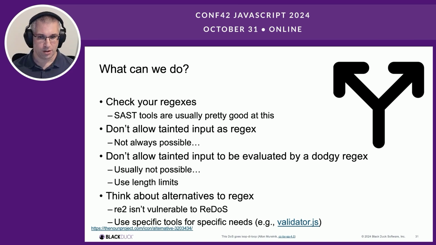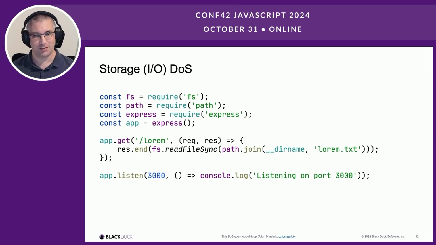Now, the last type of DoS attack is something near and dear to my heart, having done storage professionally for a lot of years before moving to application security. This, again, is a really simple application. Once it gets a request, it reads a file from disk. There's no user input involved here.